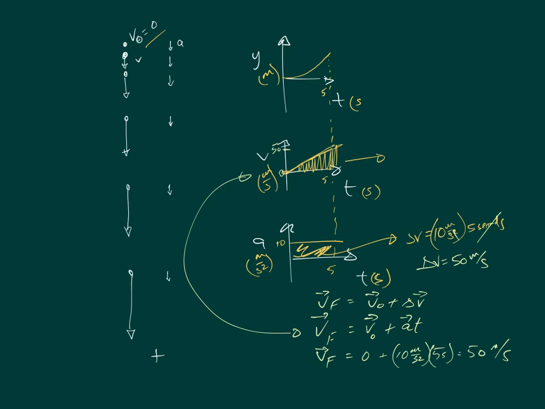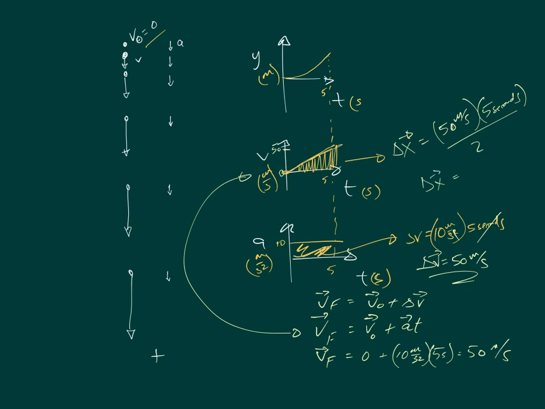So now I want to take the area of my velocity graph, which will give me my change in position, right? So that's a triangle. It's 50 meters per second times 5 seconds, and of course I have to divide by 2 because that's a triangle, right?